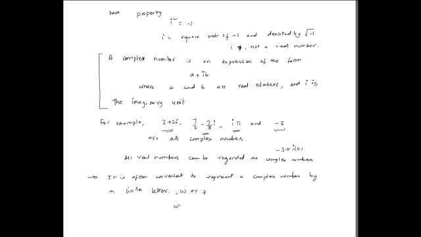Most of the time it is z. So w is a plus ib, z is x plus iy, and each complex number is represented by a single letter.